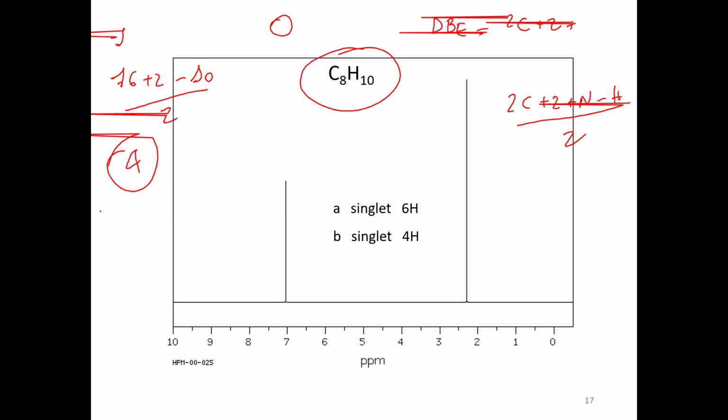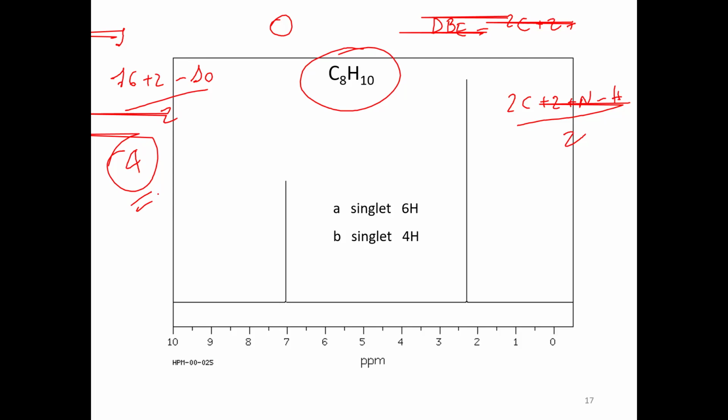Each double bond is 1 plus the cycle. So if you have 4, you can guess that you have an aromatic group, which will become immediately clear because you have something at 7. If you have something at 7, or slightly less or slightly more, it also happens depending on the groups you have around.